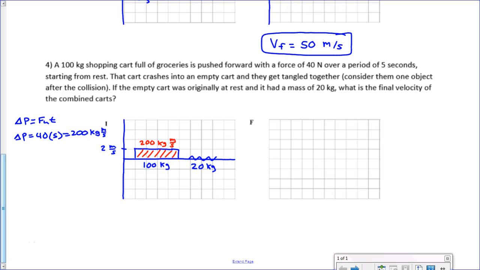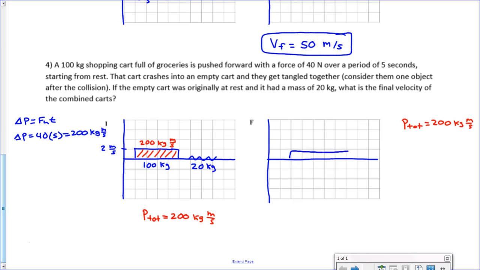Then for the final situation here, first of all, we know that the total momentum has to be the same, because of the law of conservation of momentum. So total momentum in this case equals 200 kilogram meters per second, and on this other side, P total also has to equal 200 kilogram meters per second. I've said the carts have combined and mangled together into one object here.